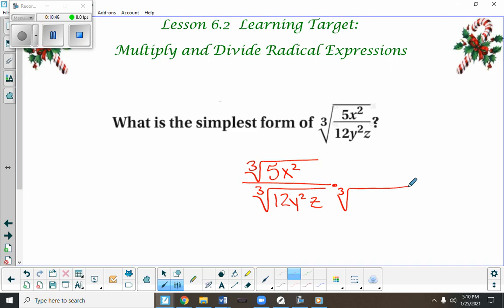So let's see, 12 goes into 216 18 times. So I'm going to multiply by 18 because 12 times 18 is 216, and I can take the cube root of that. And I need y to the third, but I only have y squared, so I need one more y. And I have z to the 1, so I need 2 more z's. So again here, I'm trying to find a number that 12 will divide into, but a number that's a perfect cube. So 12 goes into 216.